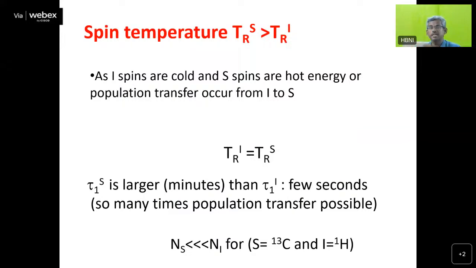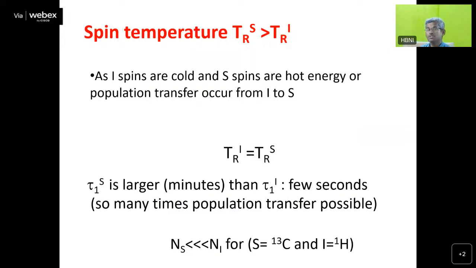That is why we see an enhancement. And this population transfer, or the cross polarization, will take place until the temperatures in the rotating frame of both the I and S nuclei become the same. Once they become the same, they stop population transfer.